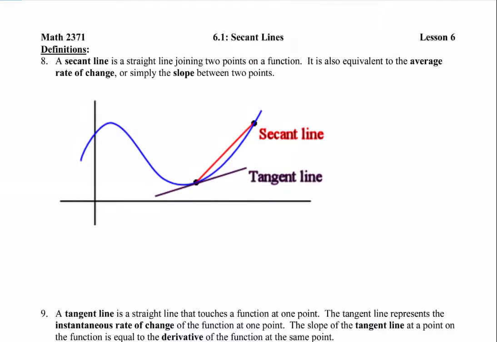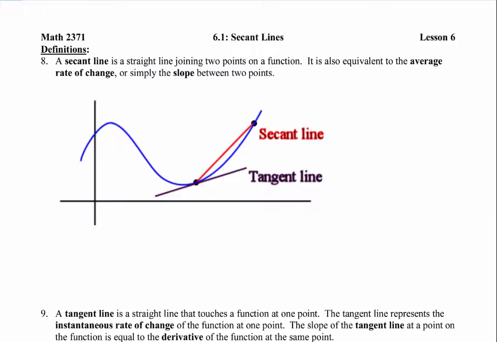Okay, now we are going to do secant lines for lesson 6. Secant lines are the lines between any two points, a straight line joining any two points of a function.